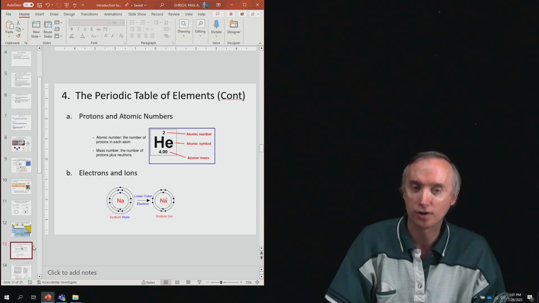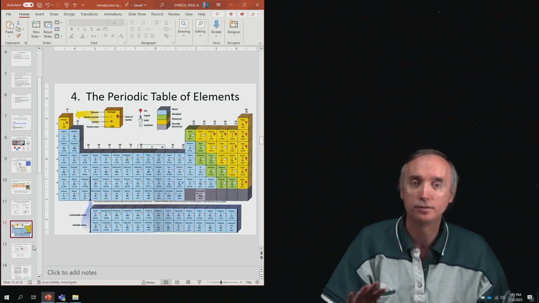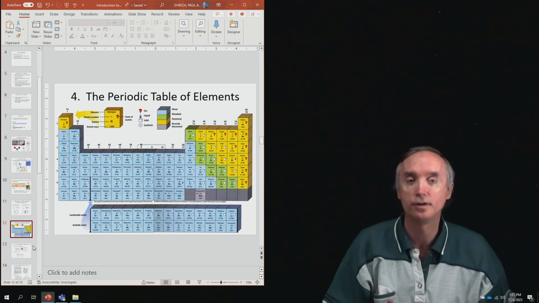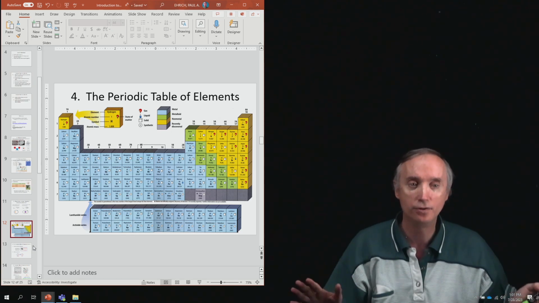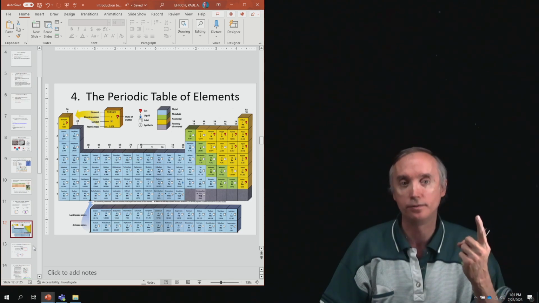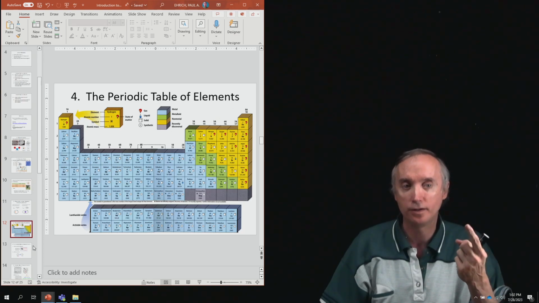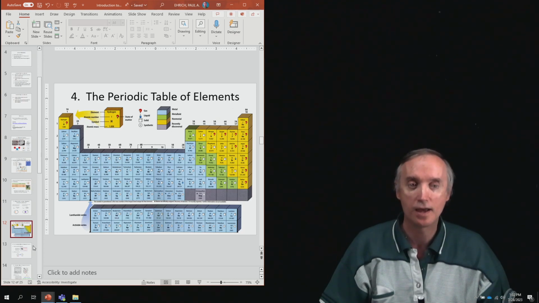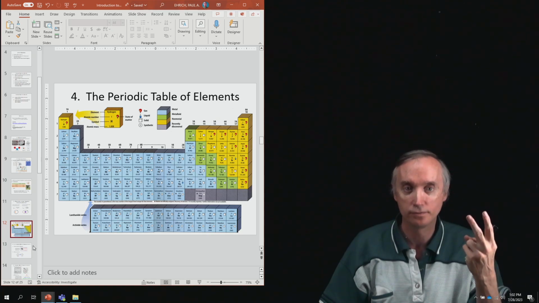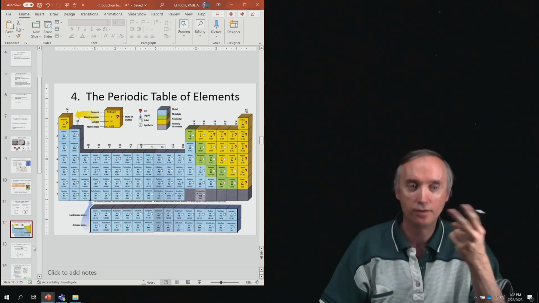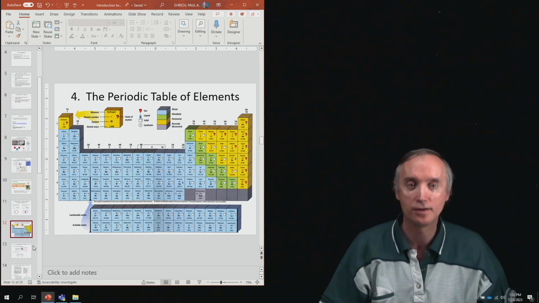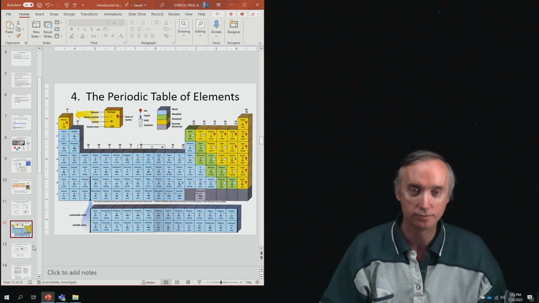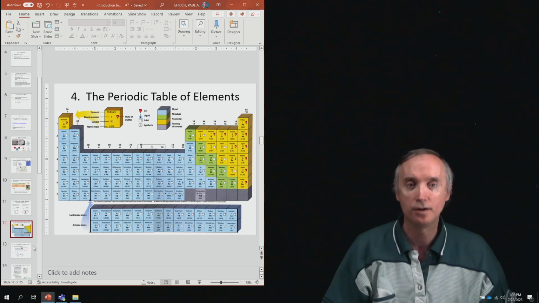So if you look at this chart, every known hydrogen atom in the entire universe has 1 proton. Every helium in the known universe has 2 protons. Every lithium in the known universe has 3 protons. So it's the atomic number that is going to determine the identity of the element.